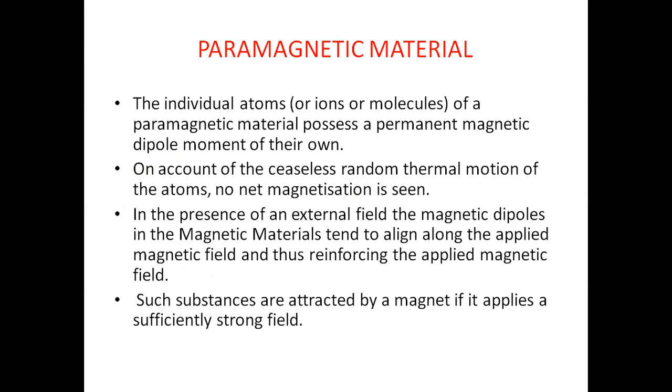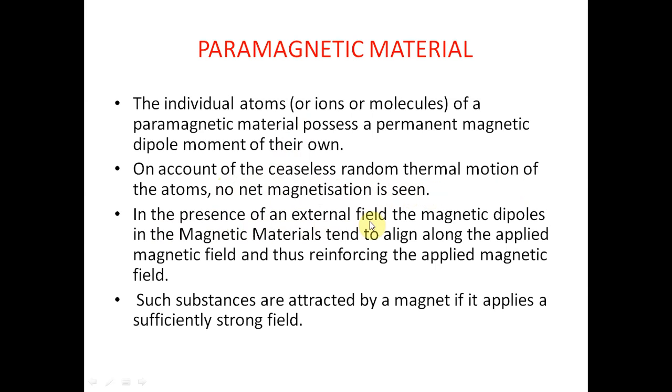Due to unpaired electrons, each electron shows a dipole moment in a particular direction, and in the absence of an external magnetic field, all these dipoles are arranged in a random order, and due to the random order the net dipole moment is zero and no net magnetization is seen in the material.